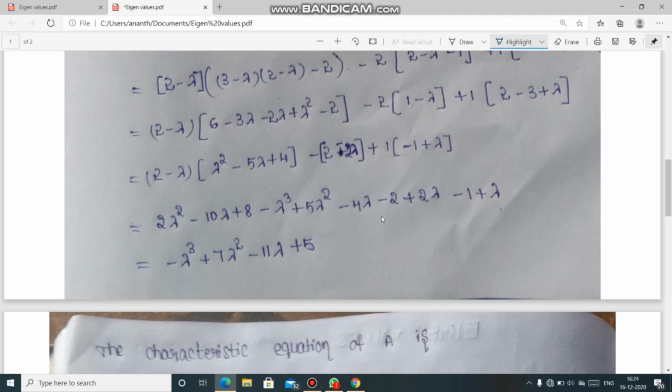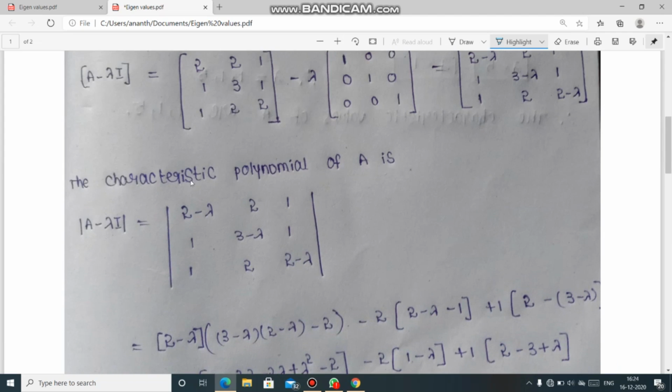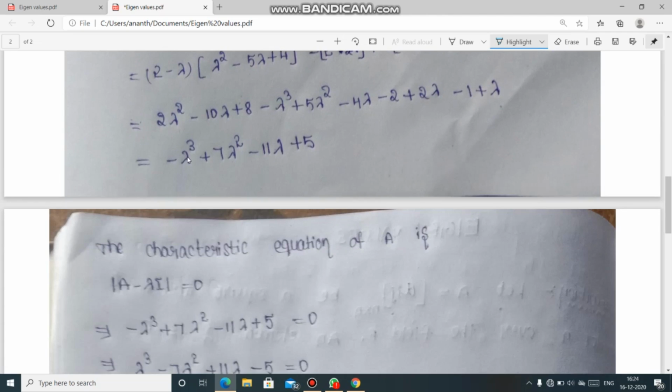Minus 14 lambda plus 3 lambda is minus 11 lambda. The constants here are 8, minus 2, minus 1, it means 8 minus 3, that is equal to plus 5. So we get the characteristic polynomial of A as minus lambda cube plus 7 lambda square minus 11 lambda plus 5.